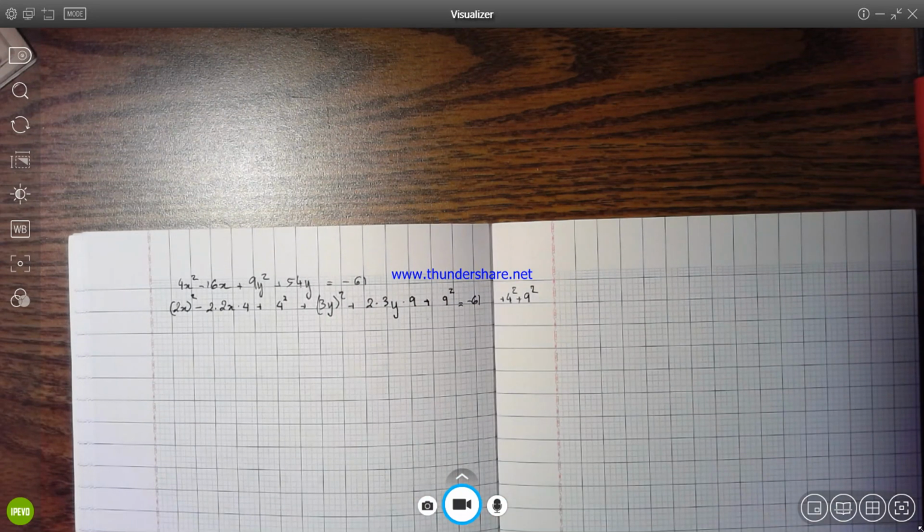If you're not good at completing the square, you may have trouble with this, but it's not really that bad. You use the square of the sum and the square of the difference formulas from college algebra.